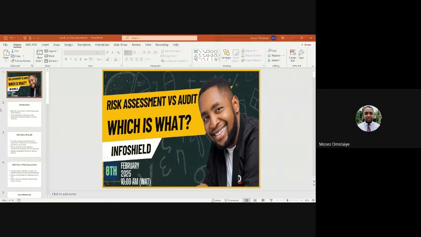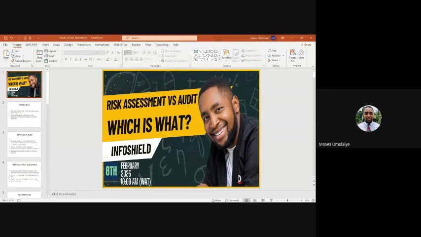And a few contributions, and then we came up with this edition, which is looking at the difference between risk assessment and audit. Case in point is information security, and it is very similar. Sometimes people mistake a risk assessment for an audit and vice versa.